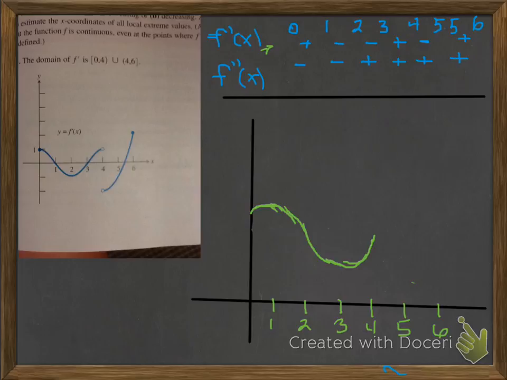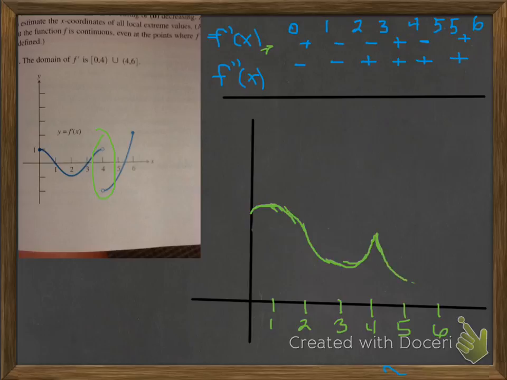But hold on, at 4, I'm still concave up by my negative slope, and I know that there's an issue here at 4. So something that's not differentiable at 4, and we know our things that aren't differentiable are cusps, corners, and vertical asymptotes. So if I say that it's continuous, let's make it into a corner, or a cusp.